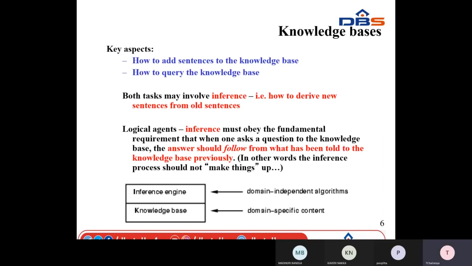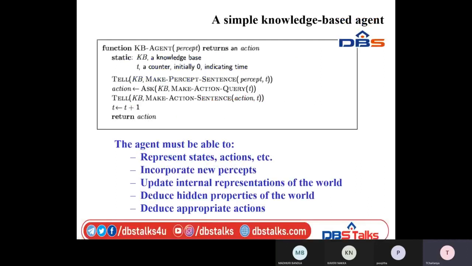So inference engine and knowledge base. See here, domain independent algorithms and domain specific content. And next, for example, the knowledge based agent. The agent must be able to represent the state and action. What responsibilities does the agent have to take?